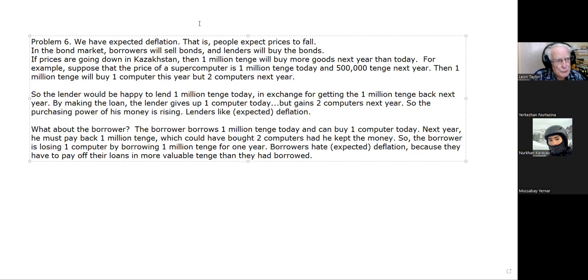So now let's take a look at the bond market and how deflation will affect it.